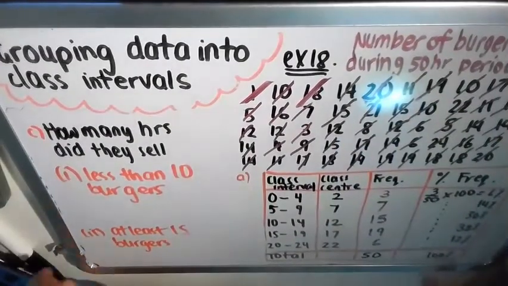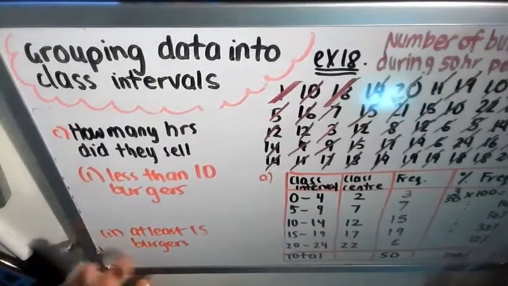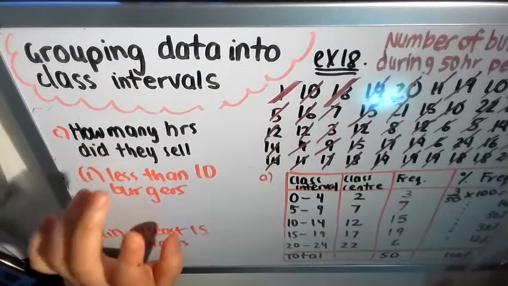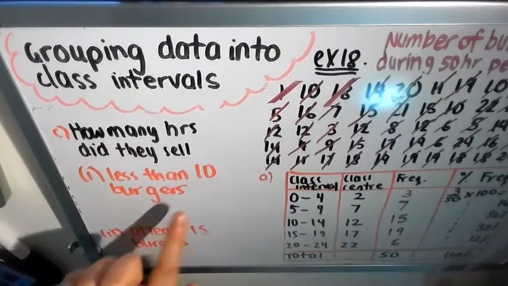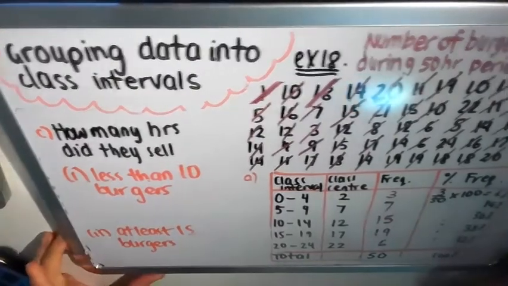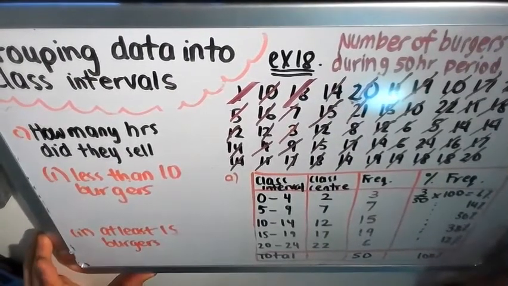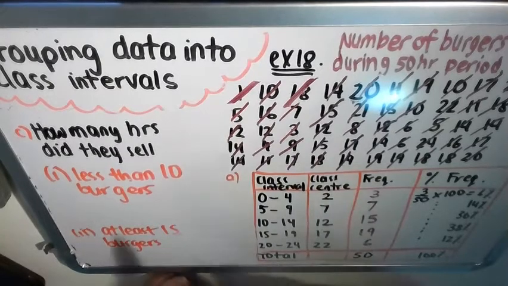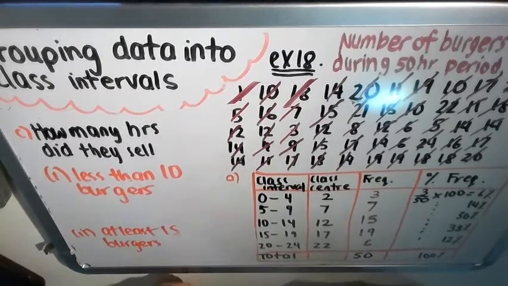So on to the last question of this example. They're asking how many hours did this restaurant sell less than 10 burgers? So we refer to the table or the histogram, but I prefer looking at the table. So we're looking for less than 10 burgers.